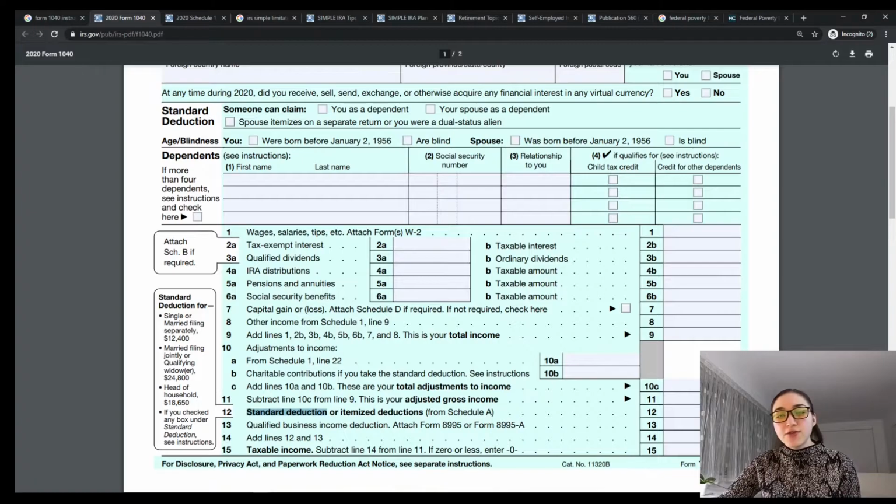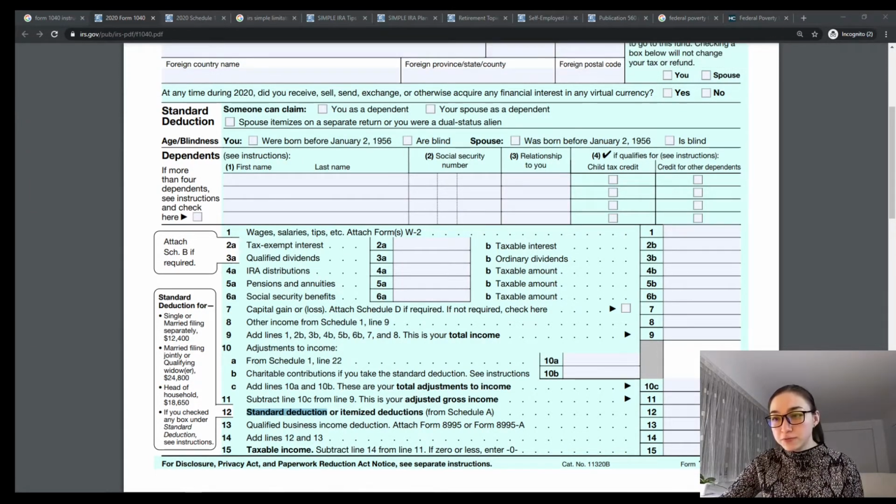You can take $300 of qualified charitable contribution, and the qualified means that the contributions must have been made to a charitable organization, not a specific person. Even though, let's say you gave it to a particular person and the person was needy and needed that money, you cannot subtract it.